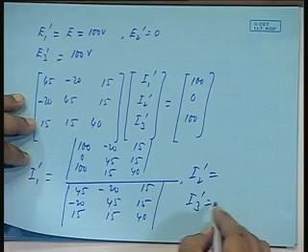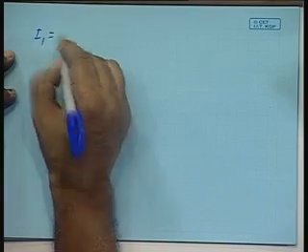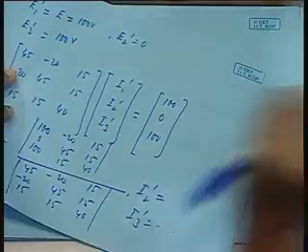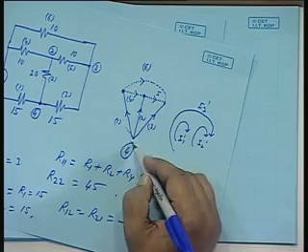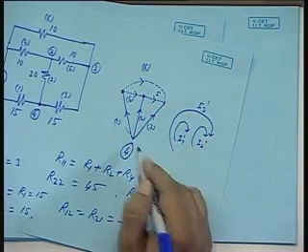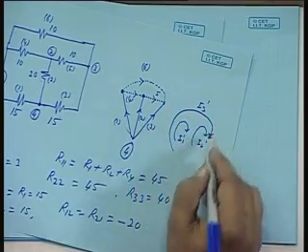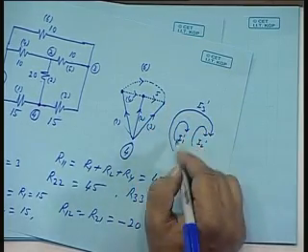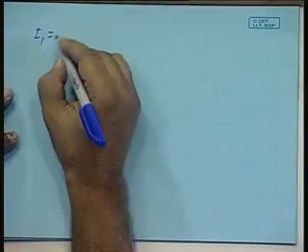We know the relationship between the branch currents and the loop currents. In this case, the branch current I1, if we refer to the diagram here, this branch current will be the loop current I1 dashed plus the loop current I3 dashed, they are in the same sense. So, both the loop currents will add up together to give the branch current I1.